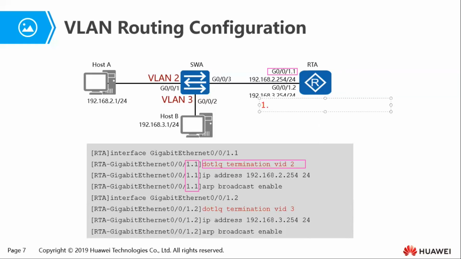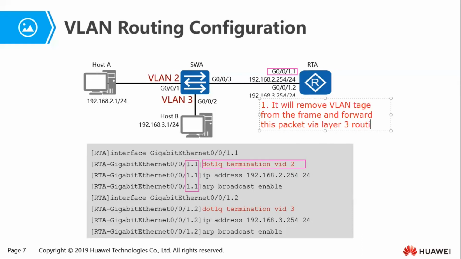Number one, it will remove the VLAN tag from the frame and forward this packet via layer 3 routing.